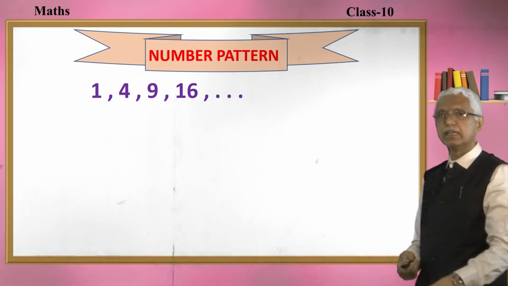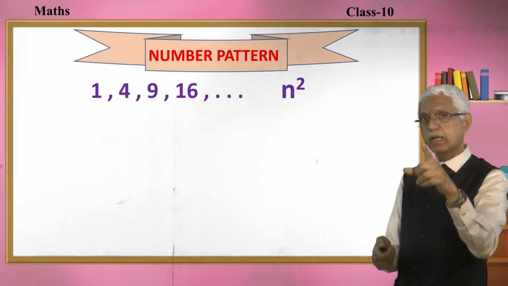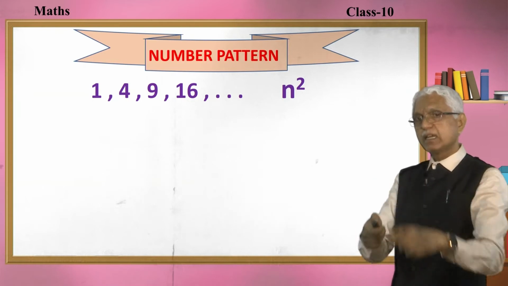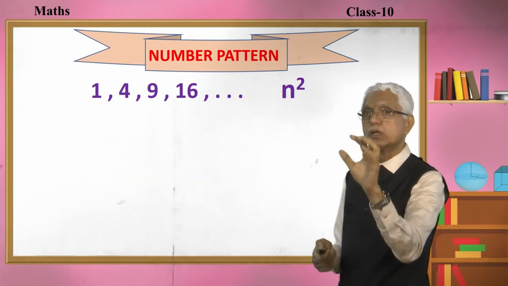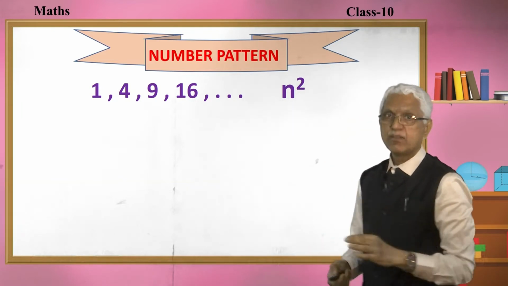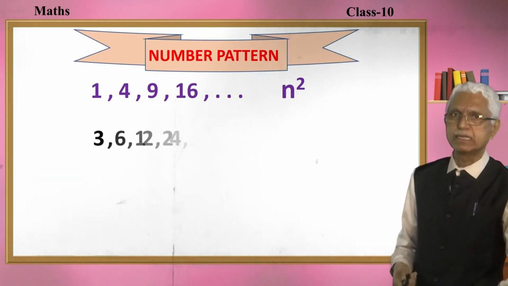Wonderful, that's good. Then, my dear children, please watch. 1, 4, 9, 16 have been written according to some rule, namely n square, where n is a natural number.